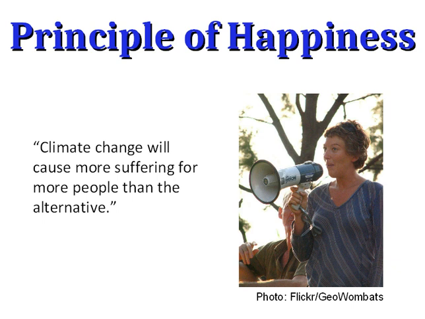So for example, this woman might say, climate change will cause more suffering for more people than the alternative of adopting some policy to combat climate change. So in this case, the claim of injustice is based on the amount of suffering that will happen if we make a certain choice, such as the choice not to do anything to stop climate change.